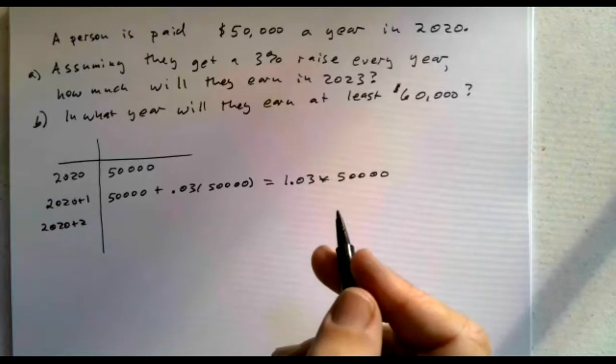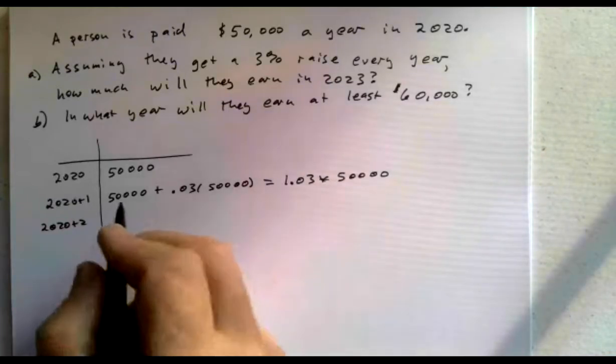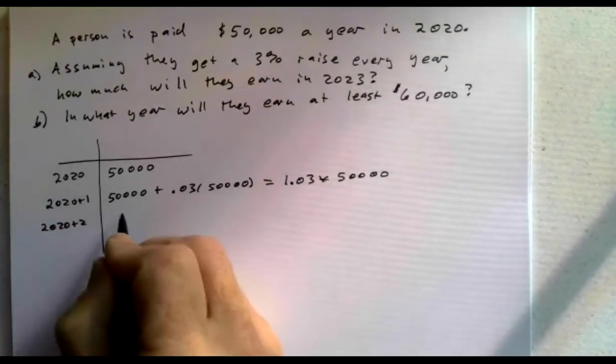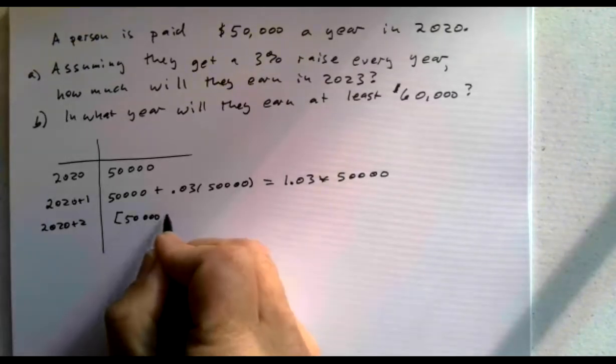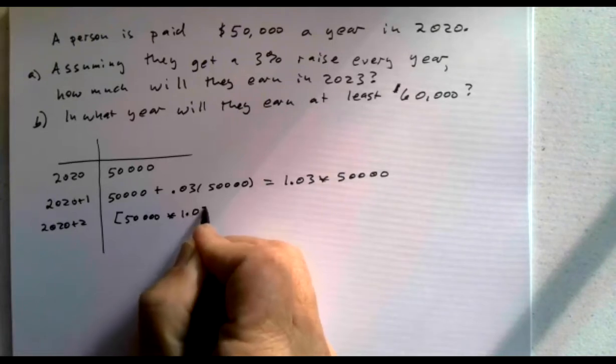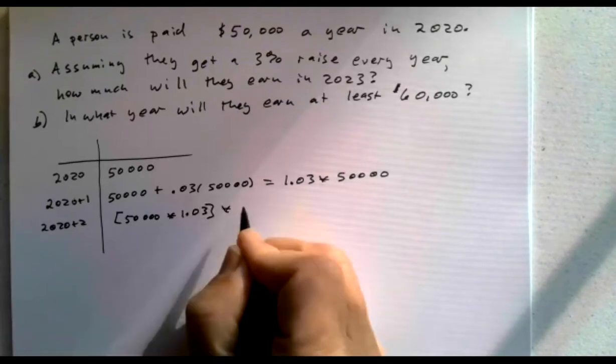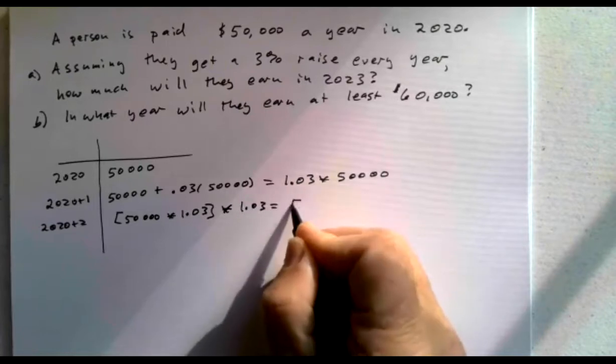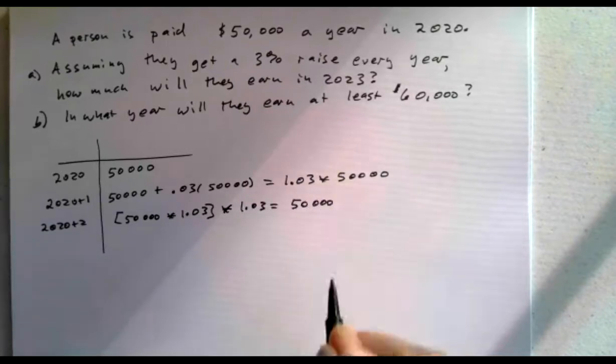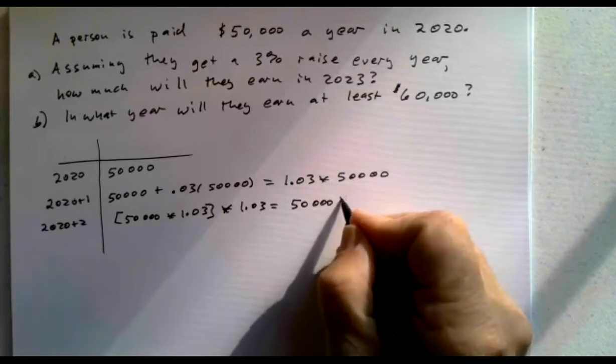To get a 3% raise, you take your current value, our current one is 50,000 times 1.03. That's what we made the previous year, and we get a 3% raise. So we multiply that by another 1.03, which gives us 50,000 times 1.03 squared.